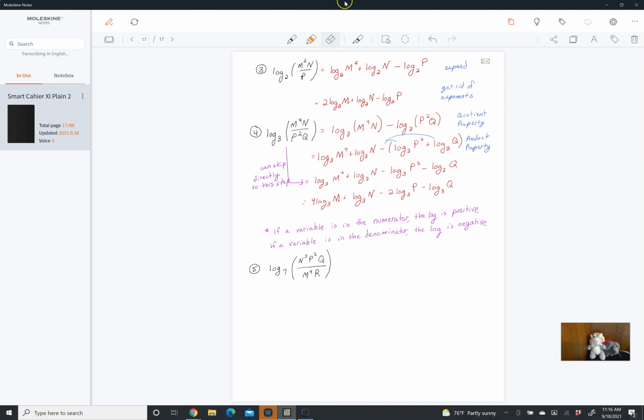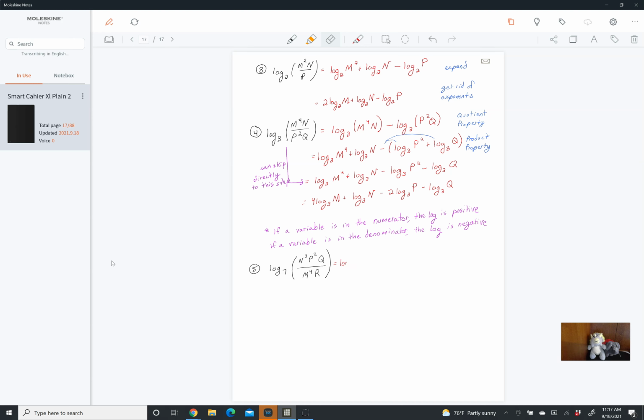So just to show you how quick this goes, this is just a 2-step process. You're going to expand first. So this expression is in simplest form. So it's 2 steps. You're going to expand first, and then you're going to get rid of exponents. So our expansion is the variables in the top get positive logs.